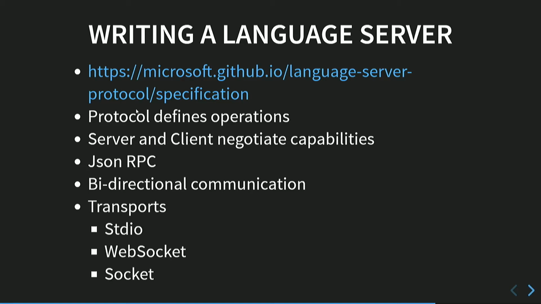And then there are various transports. In the example I had running, it was using WebSockets, but you can also use standard sockets, or what I like to call the poor man's socket, standard input-output. Every command line has it, and you always have it everywhere you need it. And then there are numerous SDKs.